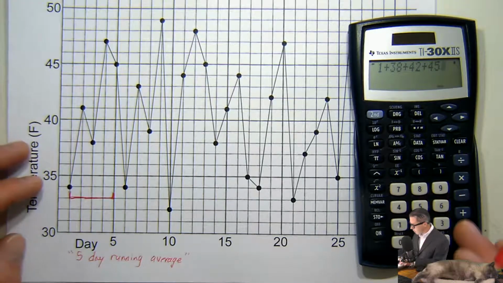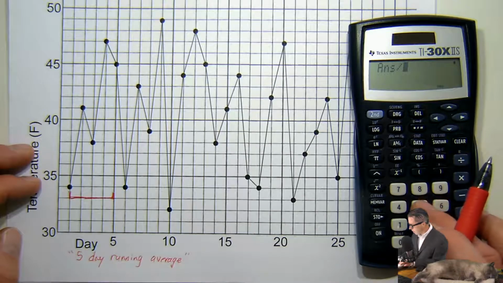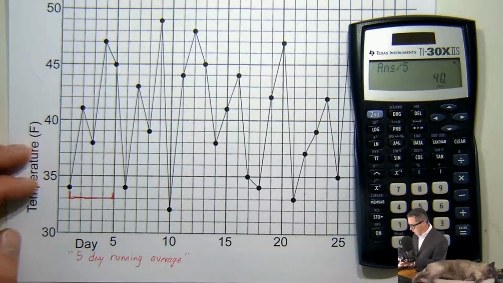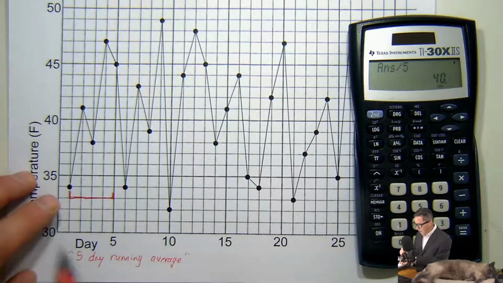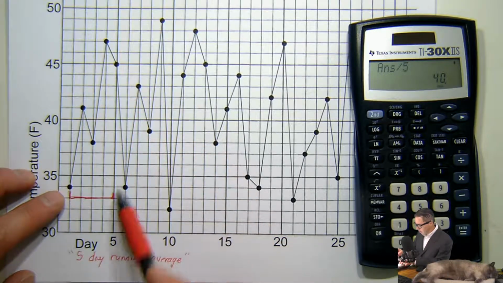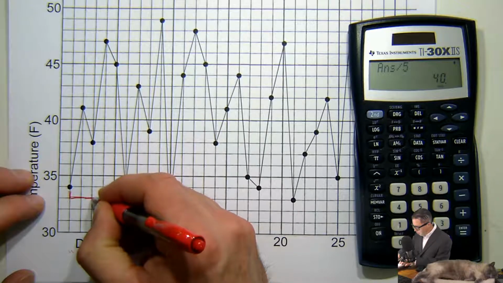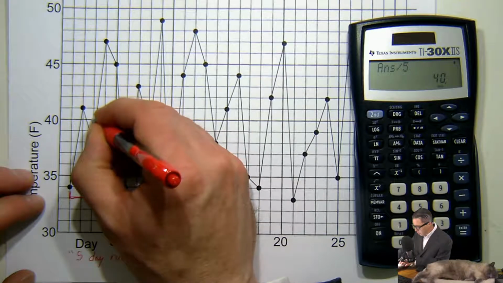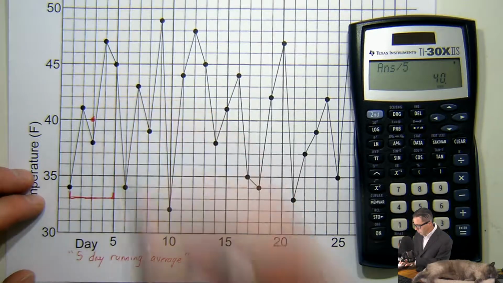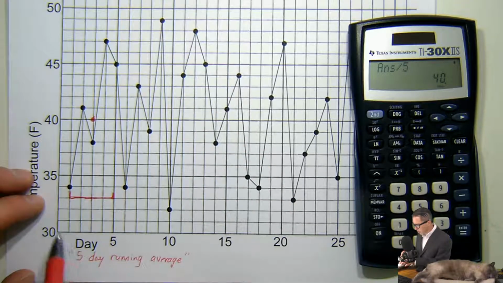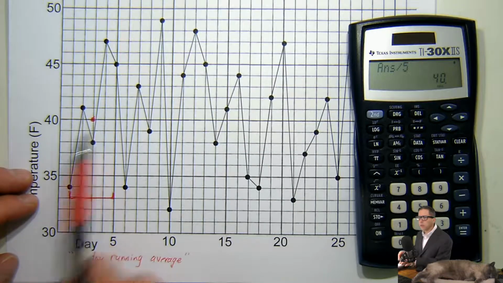So I just add those all up, I divide by 5, and I get an answer of 40. Okay, so the average of all of these is 40. So I'm going to plot it right in the center of my window. So there is my first point. All right, so I just took the average of 5, plotted it in the middle.